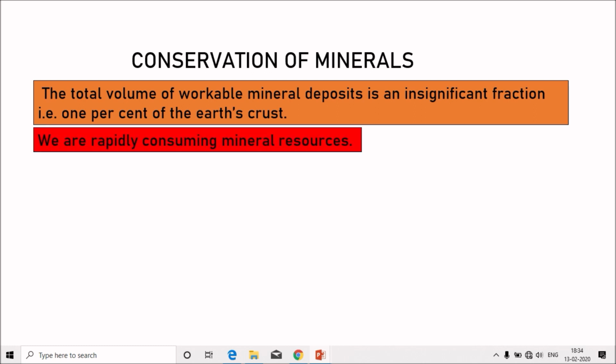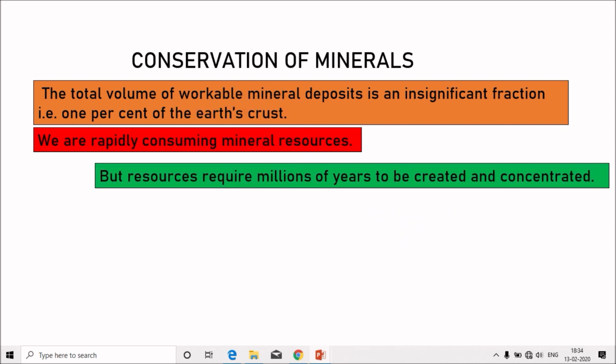We are rapidly consuming the mineral resources at a very high rate. But in contrast to this, the resources require millions of years to be created and concentrated. In order to be created or found through geological processes, they take millions of years to form. We are using them like this.